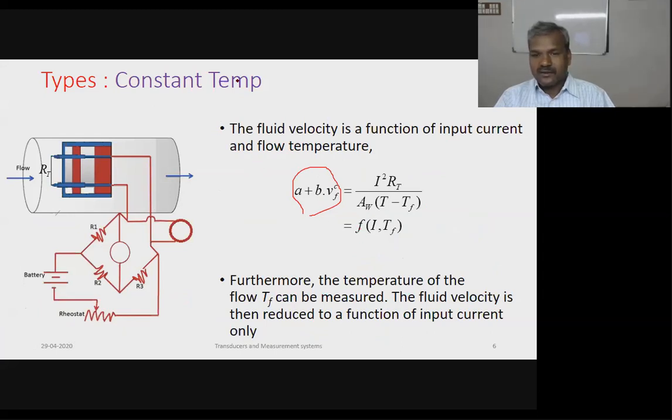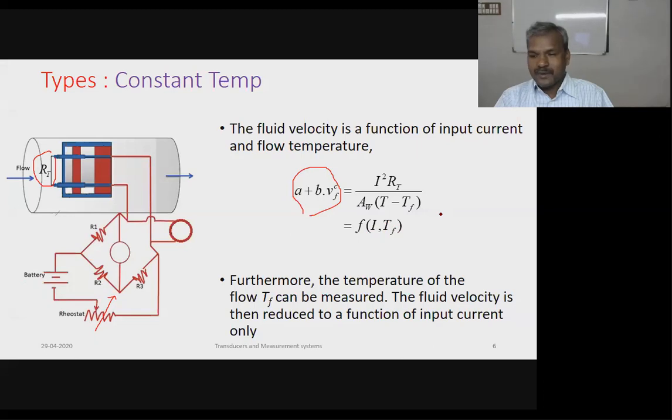While keeping the temperature of the wire constant, we are connecting this probe to one arm of the Wheatstone bridge. Here we excite a DC battery supply because it's a portable one. That's the rheostat to vary the current through the wire. So in constant temperature type, the function is current and the fluid temperature.